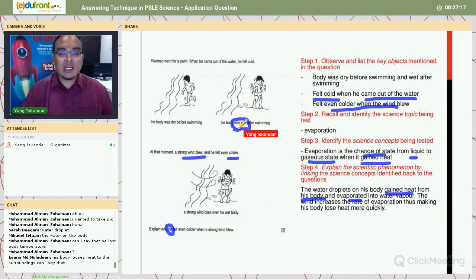So we need to mention the effect of evaporation, how evaporation causes him to feel cold. In this instance, the object that we are interested in is not so much the surrounding, but the water droplets. So when the water droplets evaporated, it gained heat, and gained heat from who? Gained heat from Wen Hao. That's why he felt cold.